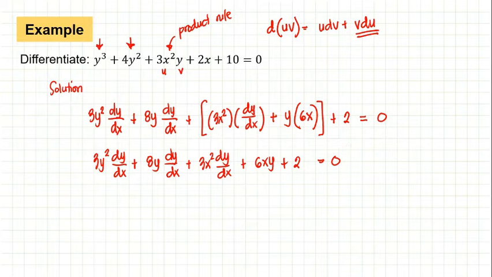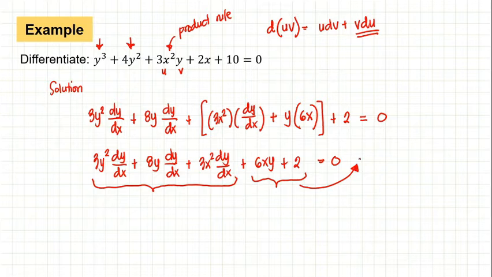And since we just need to solve for dy over dx, lahat ng terms na may dy over dx, ilagay natin sa left-hand side of the equation, and the rest, you put it in the right-hand side of the equation. So yung matitira ay ito lang mga terms na ito, yung mga dy over dx. And itong dalawang to, ilagay niyo yan sa right-hand side of the equation.